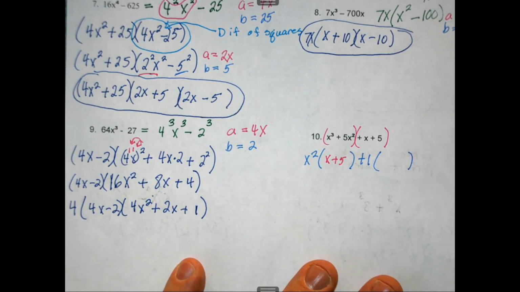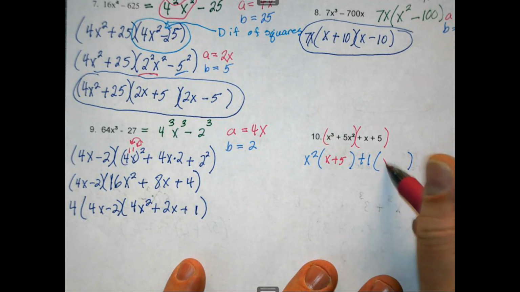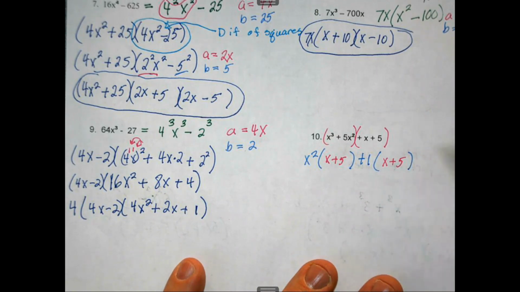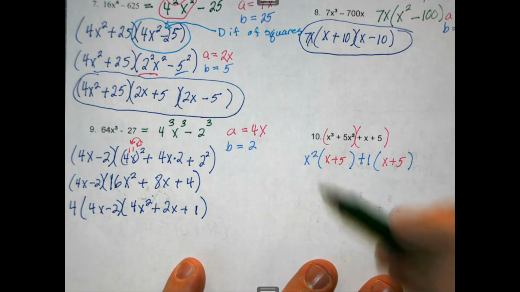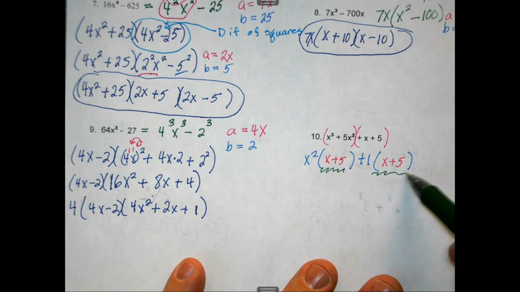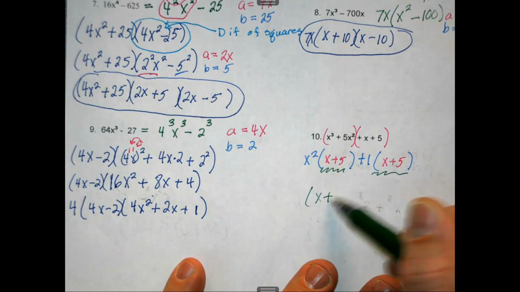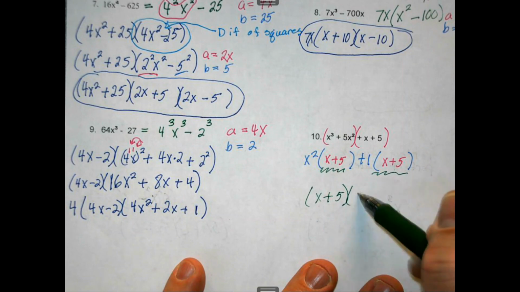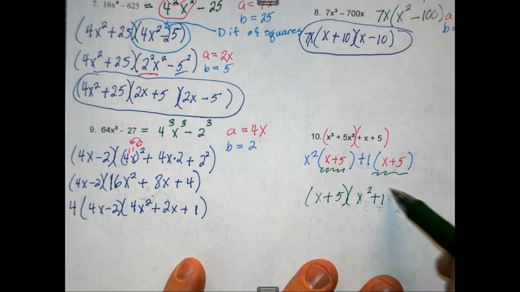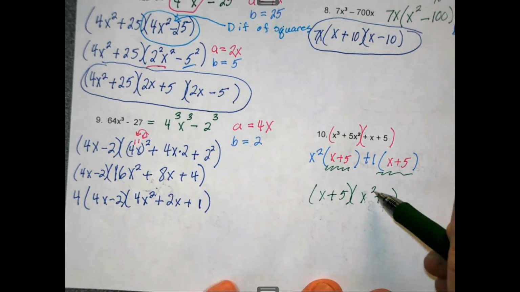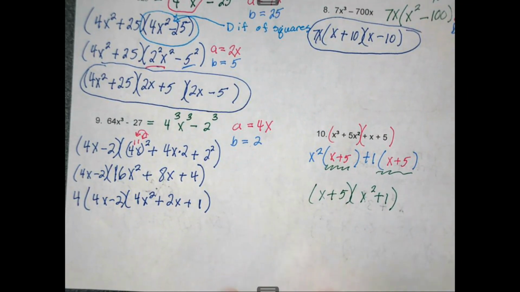That leaves me with the x plus 5. So my first factor is x plus 5, and my second factor is x squared plus 1. And I don't have to worry about factoring it any further because a quadratic plus is going to be imaginary numbers.